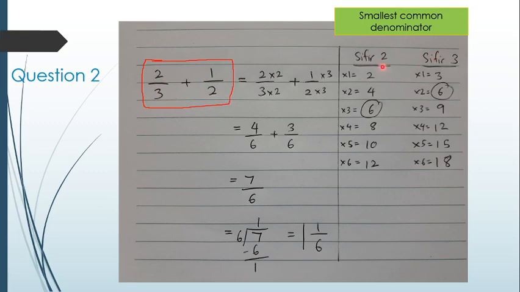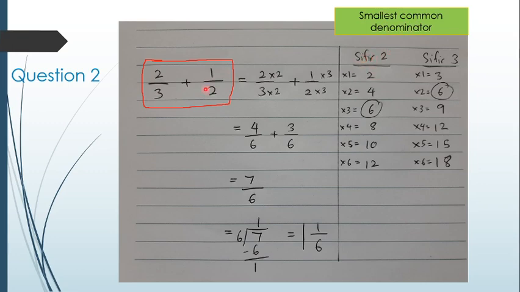Okay, can you see on the right screen here? I've listed down sifir 2 and sifir 3. Cikgu dah senaraikan sifir 2 dan sifir 3. So what we are going to do here is find the smallest common denominator.